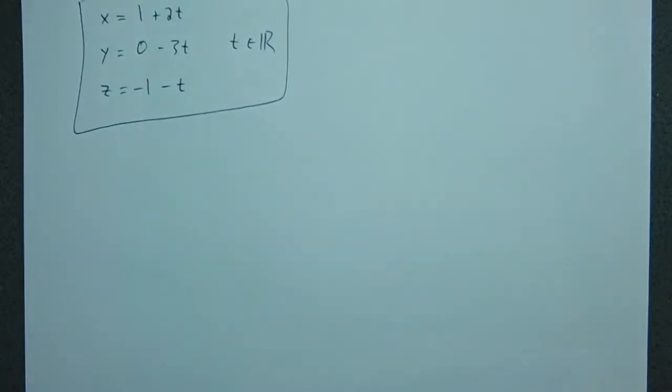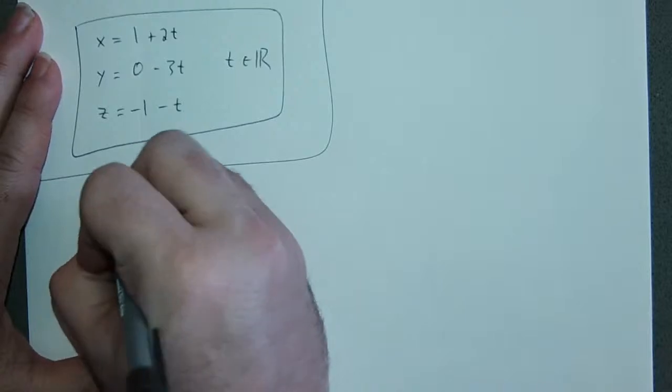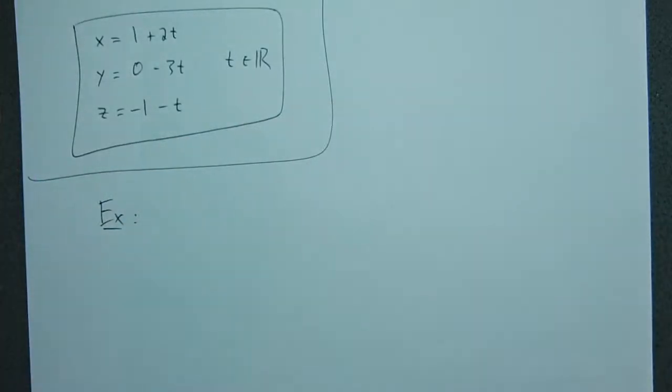Okay, so continuing on, what's the next example? I want to make sure that this meshes with what we know about lines.